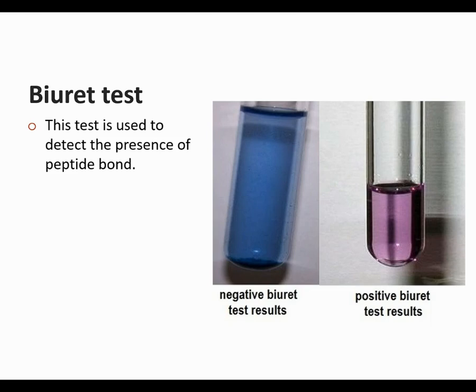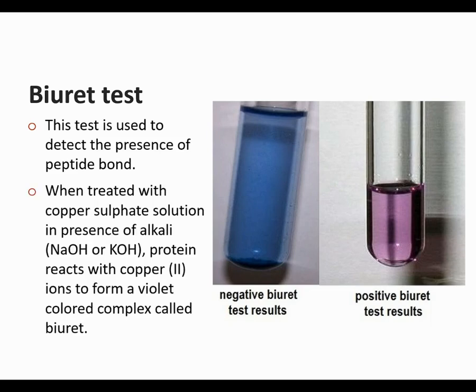When treated with copper sulfate solution in the presence of alkali, sodium hydroxide or potassium hydroxide, protein reacts with the copper ions to form a violet colored complex called biuret. So here is the negative result for the Biuret test, and here is the positive result for the Biuret test.